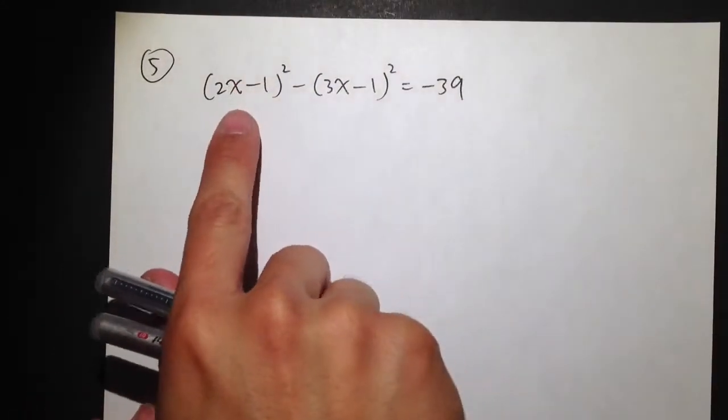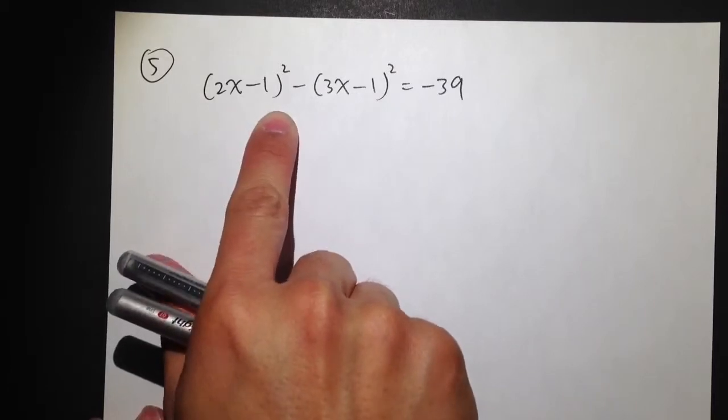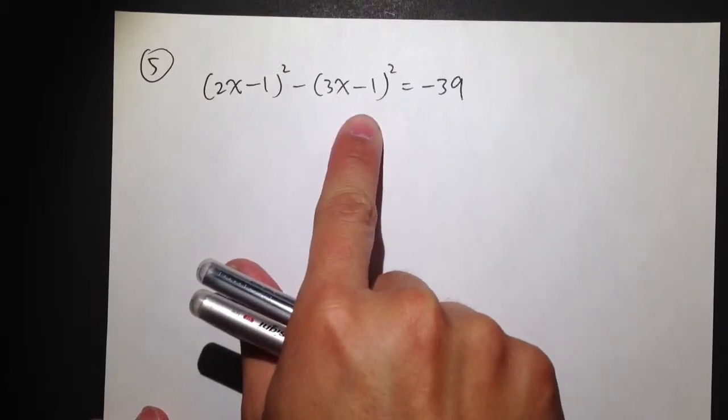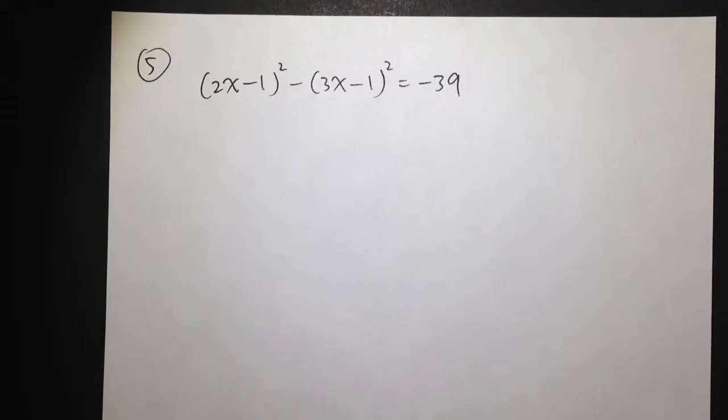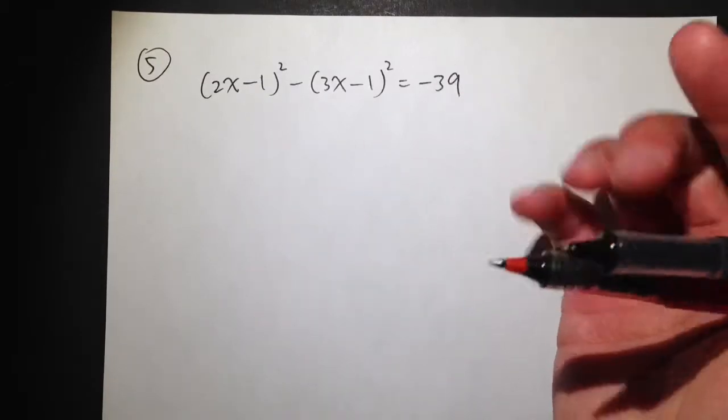So right here, I need to expand this out, and I also need to expand that out, and then I want to combine terms, and see if I can make one side equal to 0.